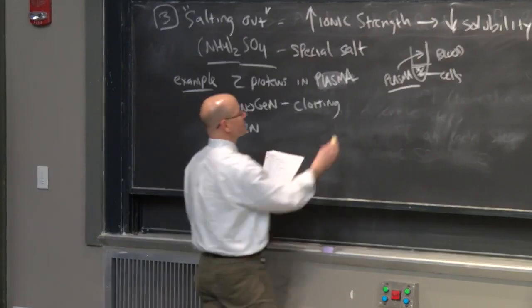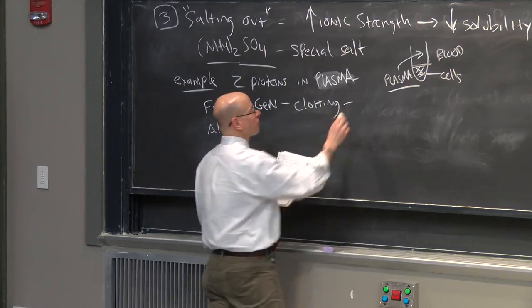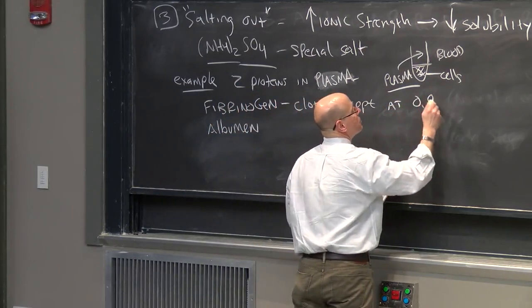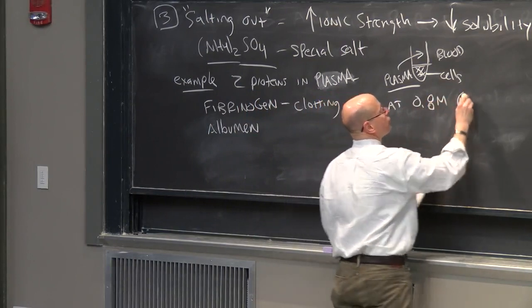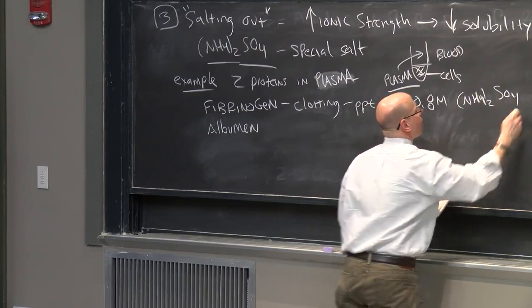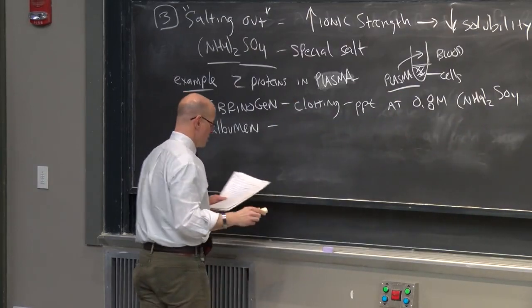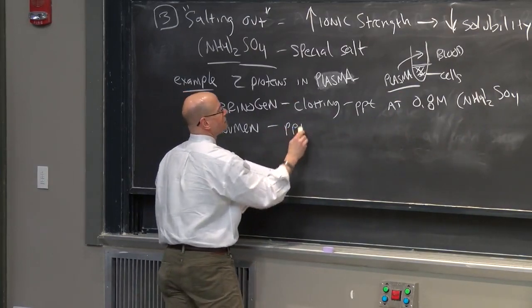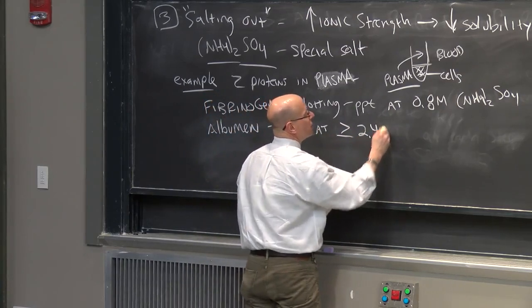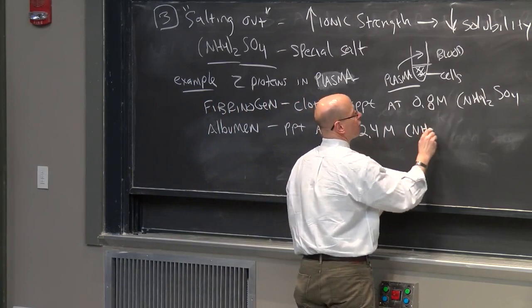Now, the interesting thing is that fibrinogen will precipitate out at 0.8 molar ammonium sulfate. Albumin will only precipitate at greater than or equal to 2.4 molar ammonium sulfate.